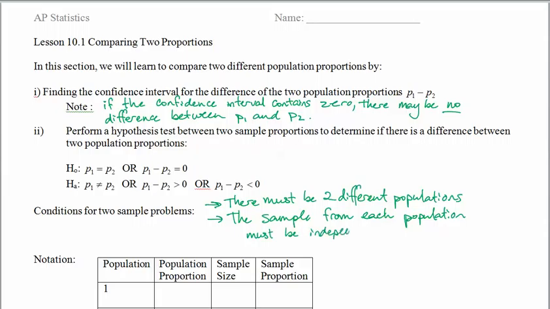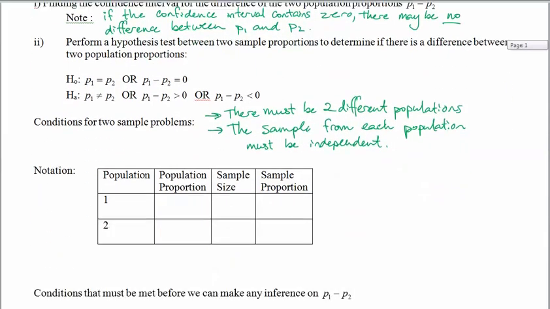So what sorts of situations might we want to do? We could be wanting to compare the proportion of left-handed people in one group to the proportion of left-handed people in another group to see if they were the same or different. And we will, of course, look at some other examples as we go through our notes.